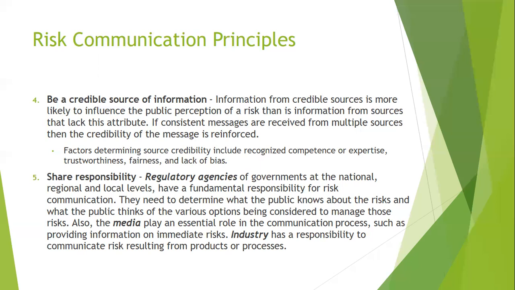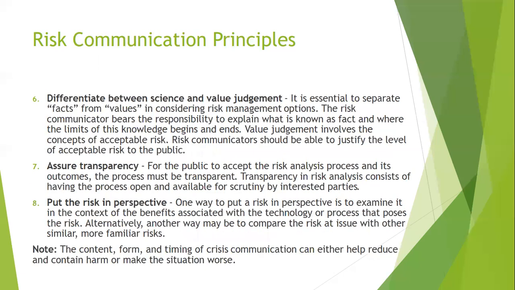So if you have an organization or a company, is there a risk emanating from either the product that the company produces or a process that they may be involved in, such as, let's say, oil spills or chemical spills from a plant that can affect water quality, neighboring water quality, cases like those. So it's important that if risk is likely, they have a responsibility to get information out.